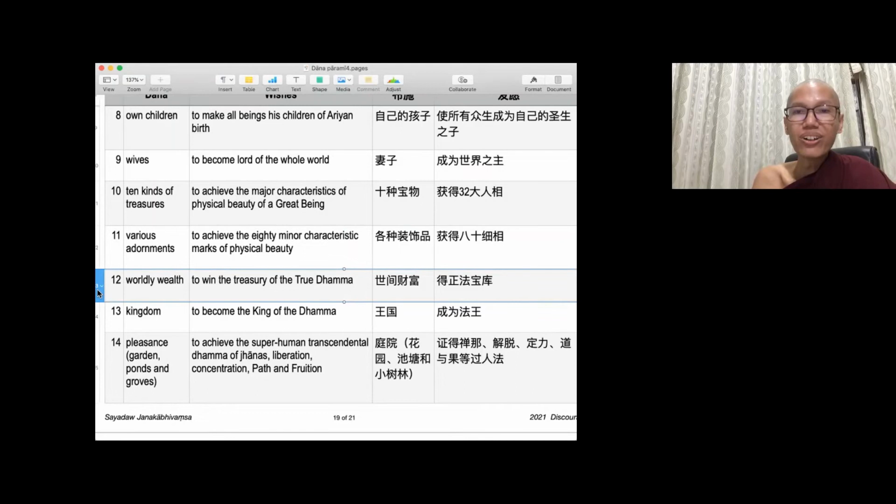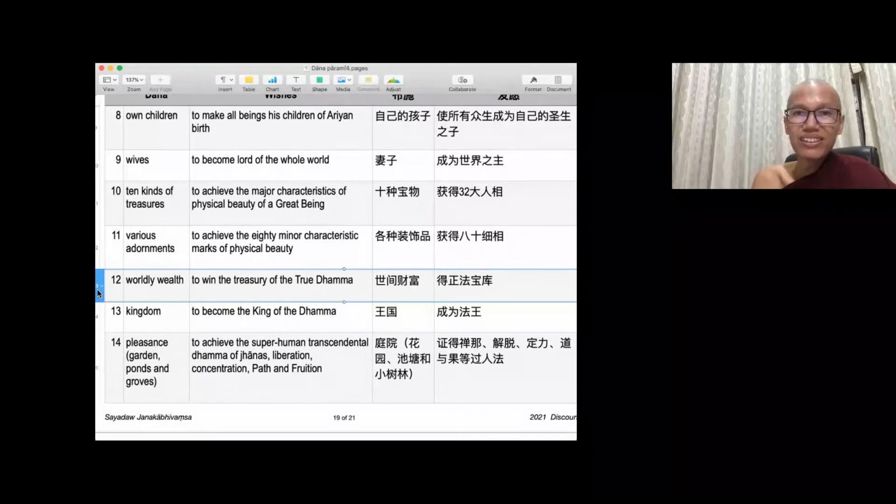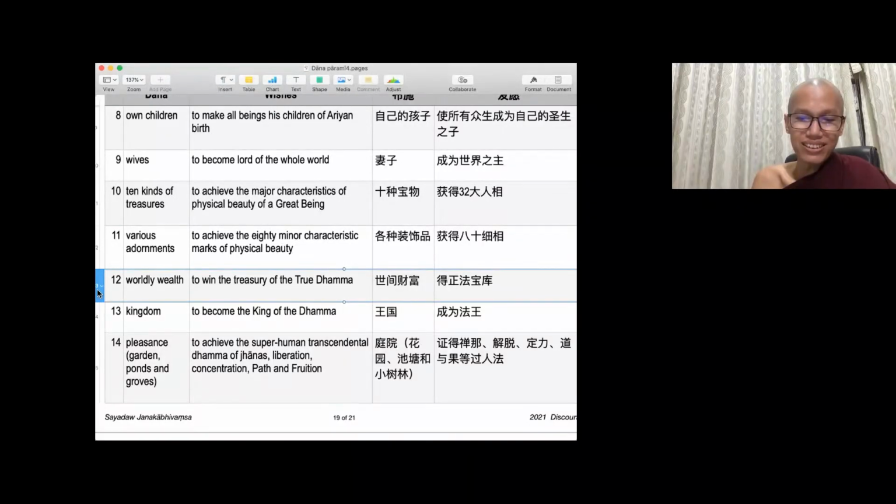Waterly wealth. Okay, to win the treasure of the true Dharma. Oh, I skipped something.